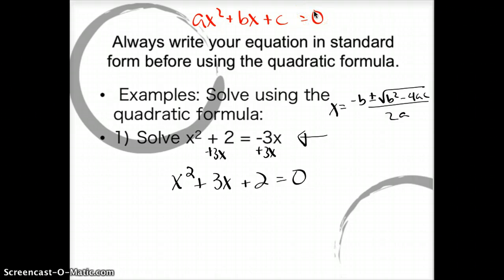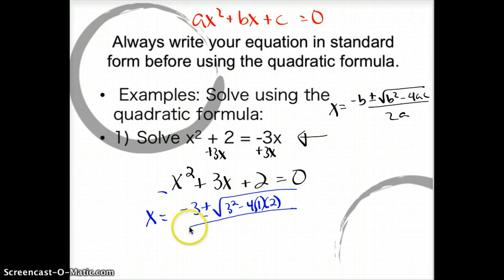So when I'm setting up my quadratic formula, I'm going to do x equals negative b, so negative 3 in this case, plus or minus the square root of b squared, so 3 squared, minus 4 times a, which is 1, because there's no coefficient in front of that x squared, times c, which is 2, all over 2 times a, which is 1 in this case.